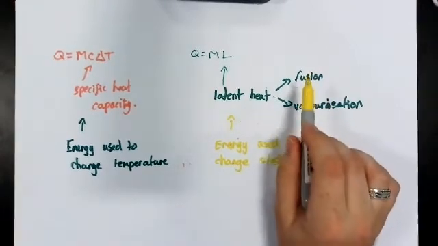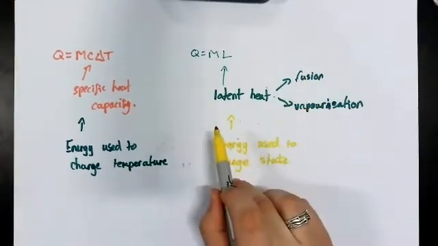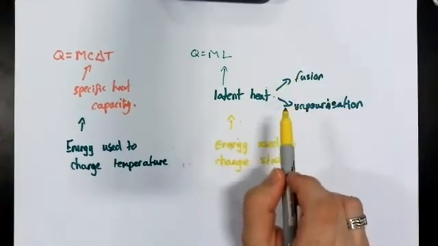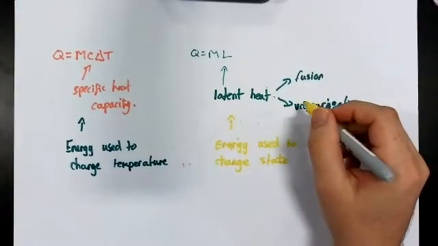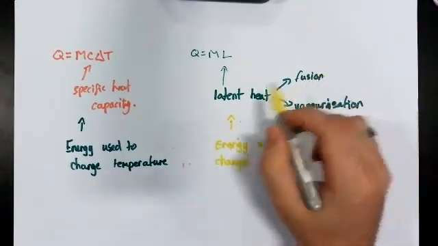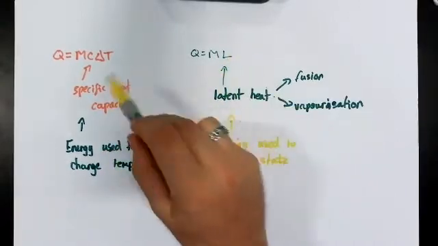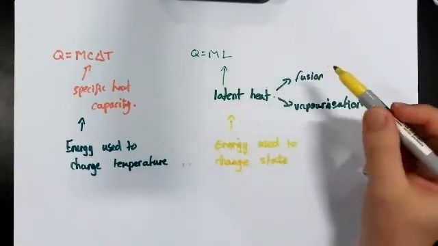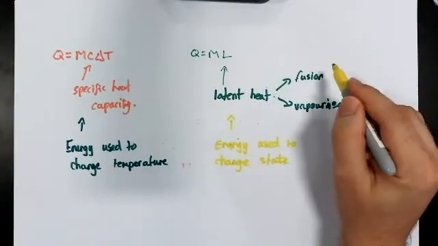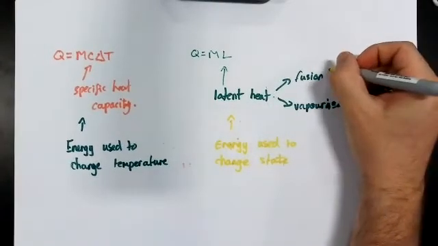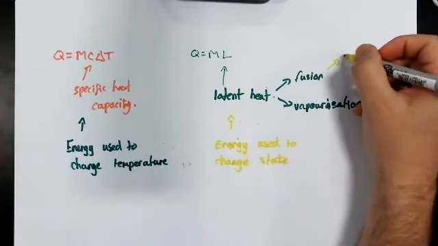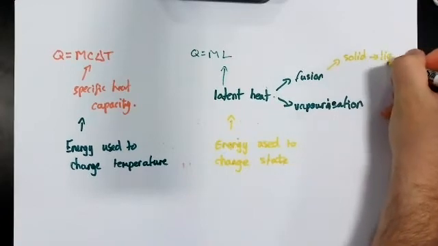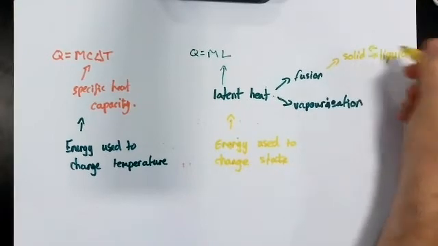And this actually gives rise to why we have two different values, because as you well know there is solid, liquid, and gas. So depending on the state change that you're using, depends on which value of latent heat. Specific heat capacity and latent heat are constants for the materials that you're using. And so the latent heat of fusion is all to do with going from solid to liquid, and obviously back.